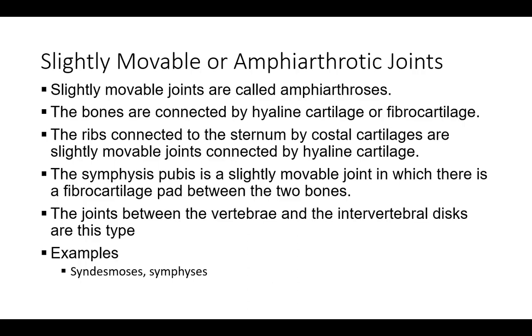We have a little bit of flexibility there since our ribs have to expand and contract when we take a breath. The pubic symphysis and the intervertebral disc are both fibrocartilage. And so these are all examples of these slightly movable joints, the slight give we have here.